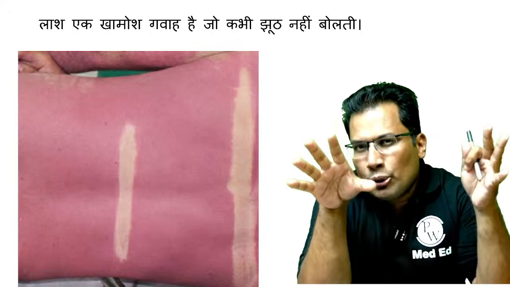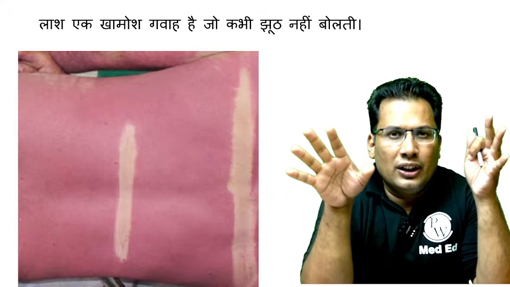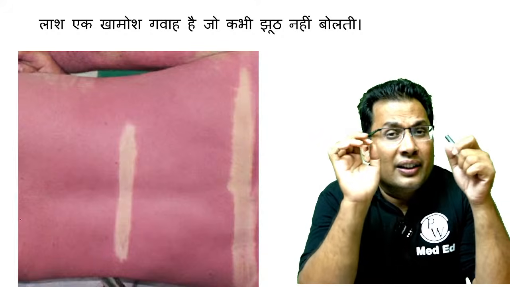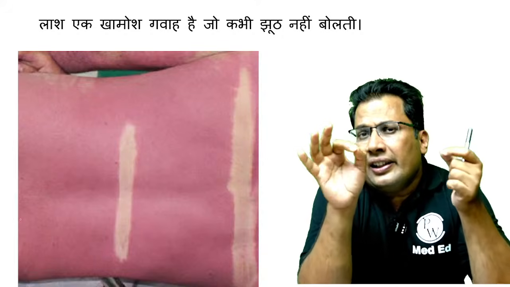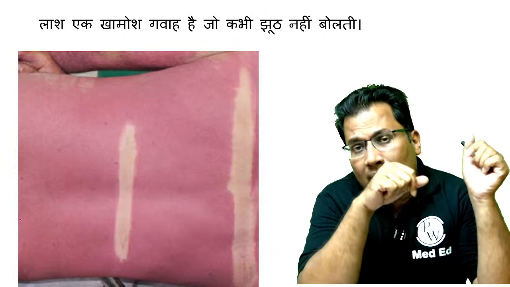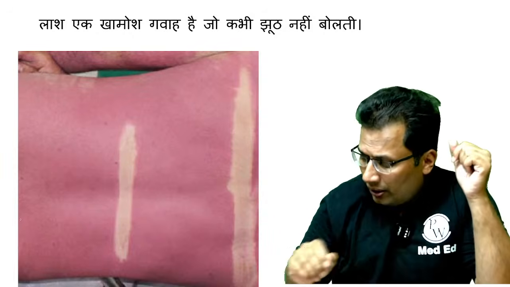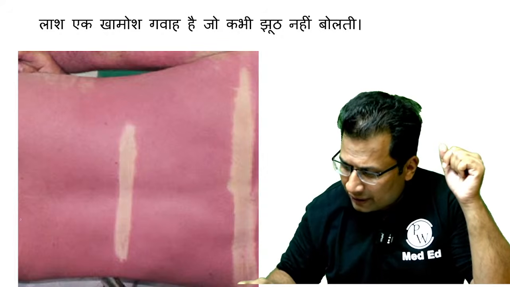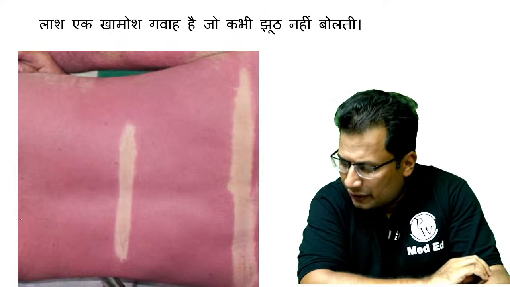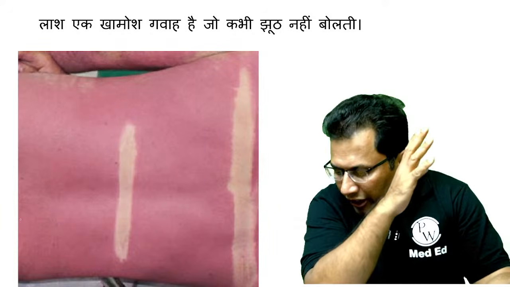The post-mortem hypostasis, no injuries on the body, but over the gravity area, there is a presence of cherry red post-mortem hypostasis along with contact pallor. So what would be the best answer for that? Good evening all. Yes, Ayush beta, very good.